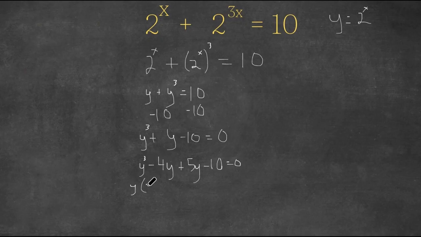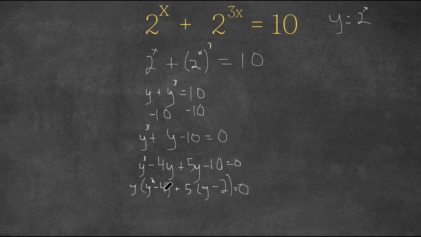So we get y times y squared minus 4. And from 5y minus 10, we're simply going to factor out 5. So we have plus 5 times y minus 2, since 10 divided by 5 is 2. And all this still equals 0.